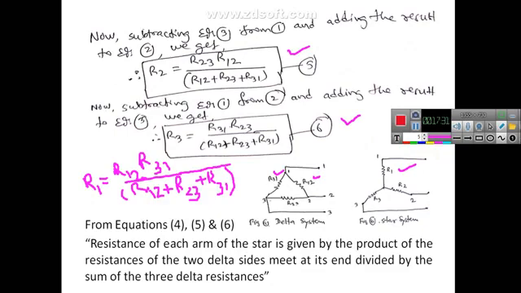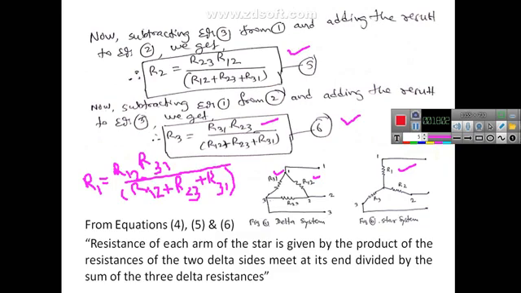Likewise, R3 is equal to the product of R31 into R23 divided by the sum of delta resistances. So that is how you can make use of equations number 4, 5 and 6 to find the equivalent resistance in a star connection from delta.